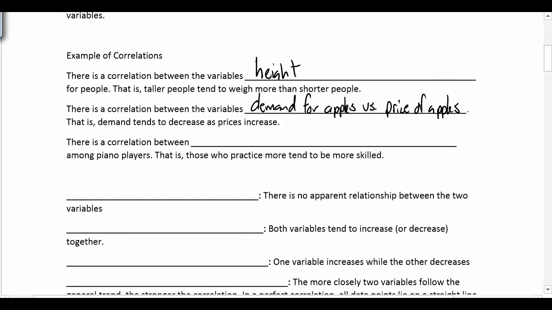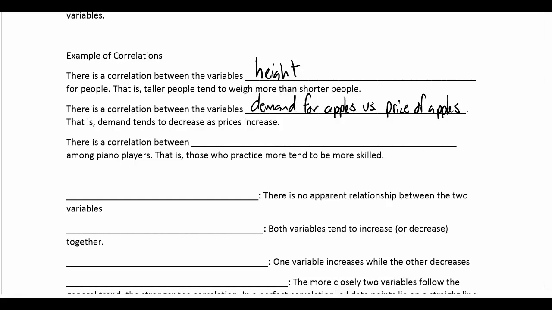So what that kind of means is as the demand increases for apples, there's sort of this relationship with price. So we would not be willing to pay $50 for an apple. But if they decrease the price enough, that would be an incentive for us to go out and get apples. So demand and price are sort of negatively related.